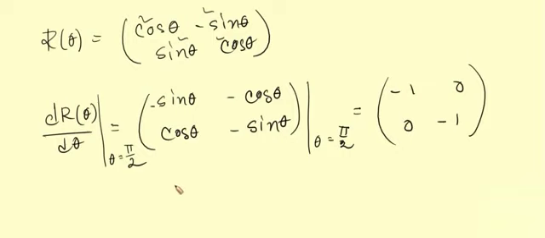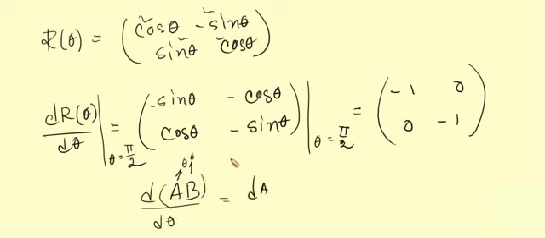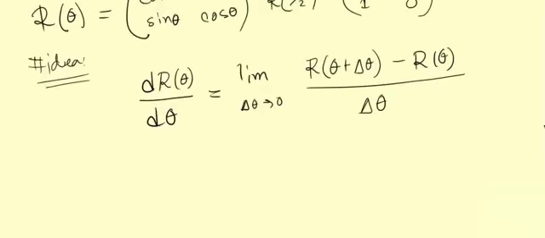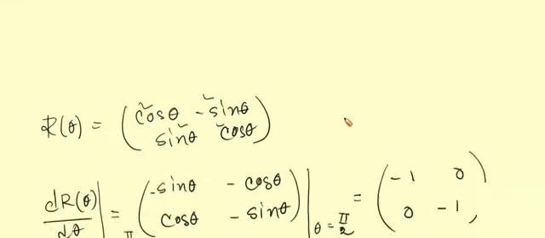In fact, if you are wondering, I have two matrices A and B, and both of them are functions of the parameter theta, and I want to take the derivative of their product. So the product rule will also apply, and you can prove it using the definition over here, that is the first principle of derivative.